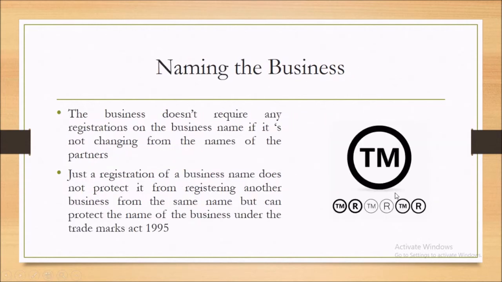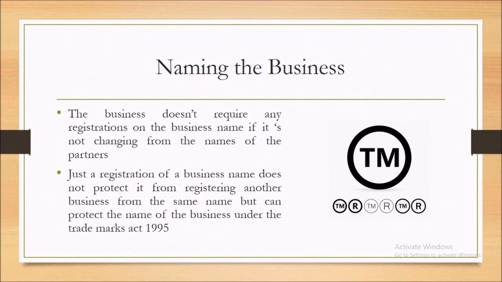Okay. Now, if the partners, let's suppose there are two people. Let's get a simple example of Thomson and Calculus, right? You may have heard of the names, right? So Thomson and Calculus are two people, right? And both are involved with the same business, and they wanted to name their business by their names.